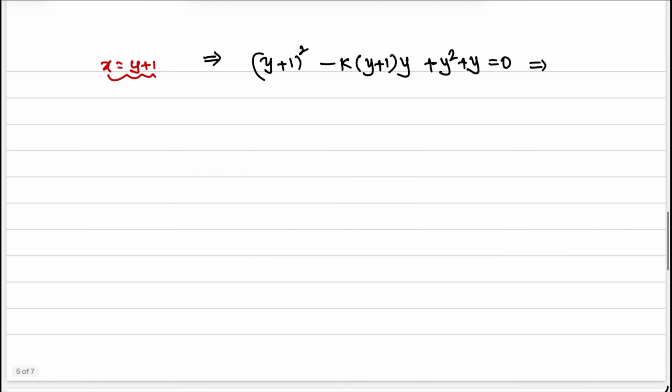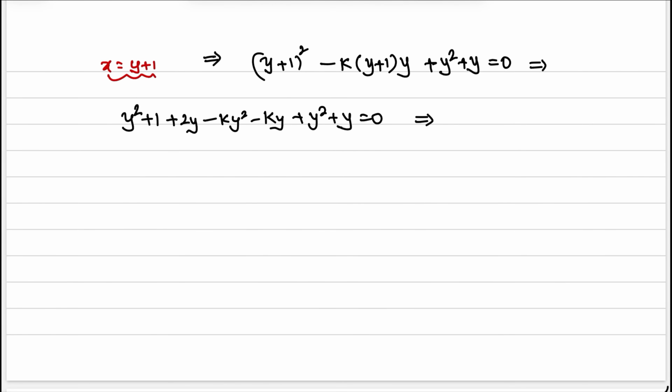That implies y square plus 1 plus 2y minus ky square minus ky plus y square plus y is equal to 0.